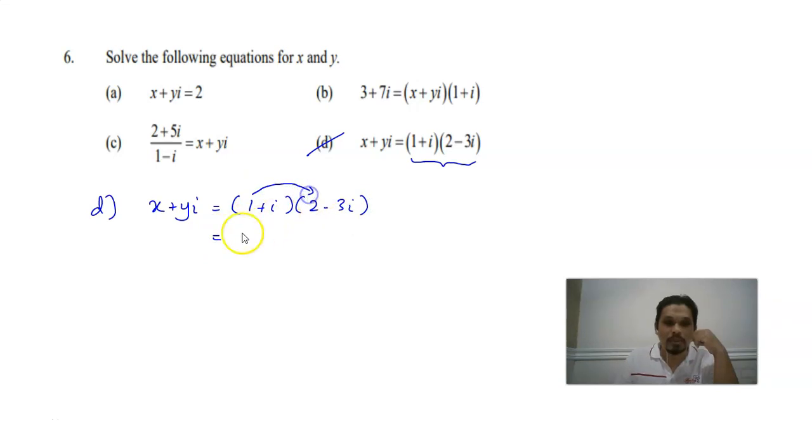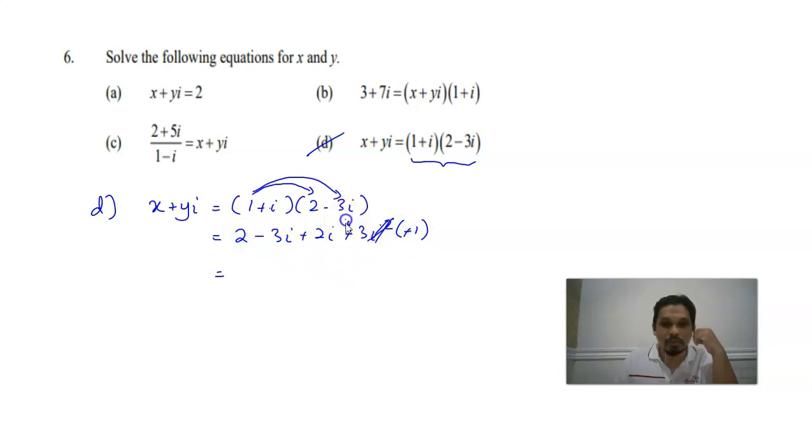1 times 2 equal to 2, 1 times negative 3i equal to minus 3i, i times 2 equal to plus 2i, and i multiplied with negative 3i equal to minus 3i squared. Okay, i squared equal to negative 1. Okay, negative times negative equal to positive.